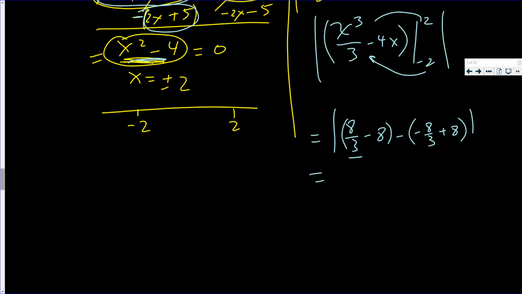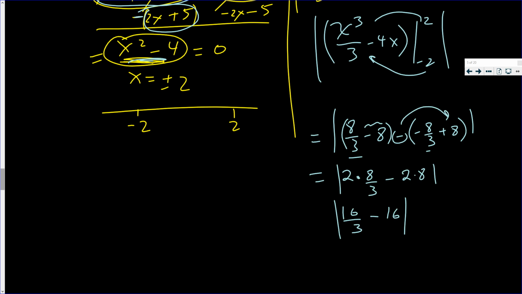So it's 16/3 minus 16. Well, 16 is 48/3. And 16 minus 48 is -32/3. So the answer is 32/3, which is 10 2/3. Okay, and I did it backwards. But we covered ourselves by taking absolute values.